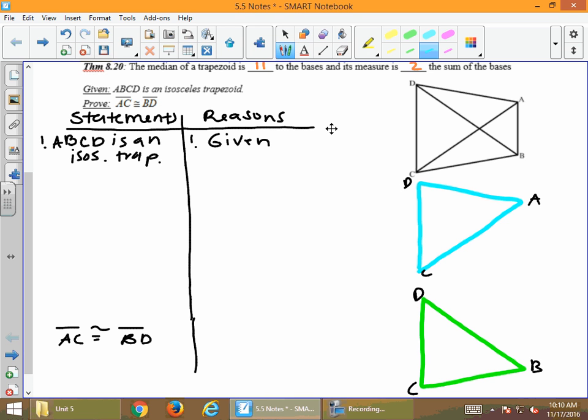This guy was that way everything's not so smashed on top of one another and you get a better visual if you redraw them outside of the shape. We're essentially just trying to prove that these two triangles are congruent using what we know about isosceles trapezoids.